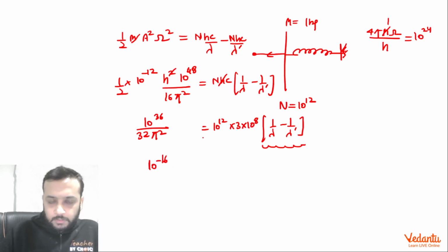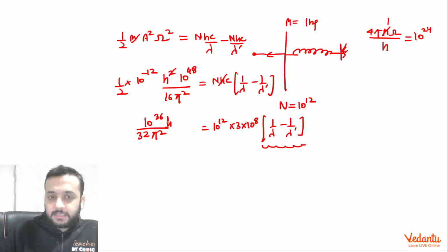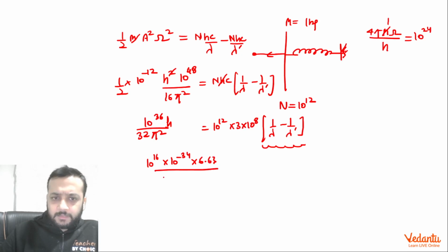No, one h was also there, so minus 6, not minus 16. Yes, h was also there, so 20 minus 34 gives minus 16... I'm just writing the order: 6.63 divided by 32 pi square into 3, times 1 by lambda minus 1 by lambda dash.